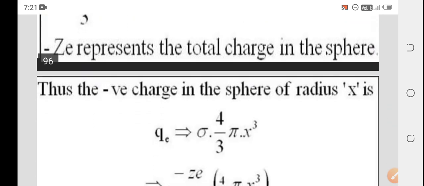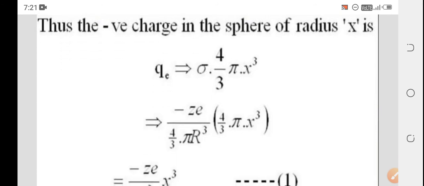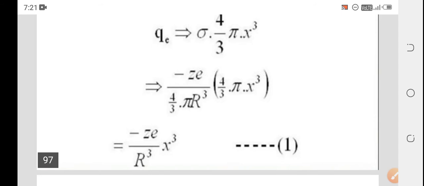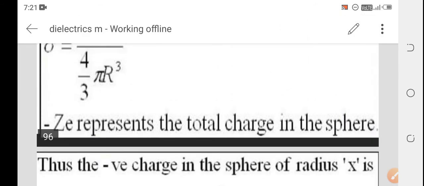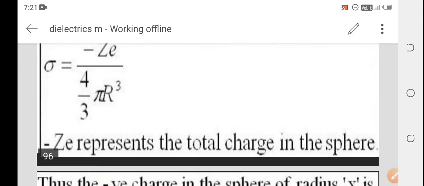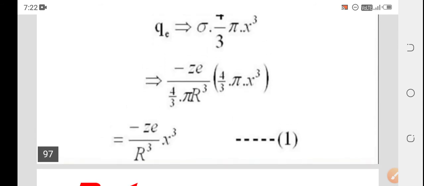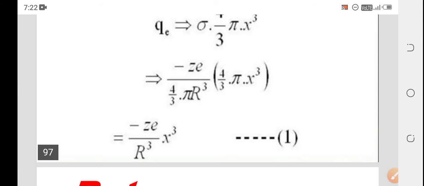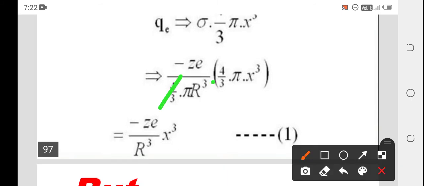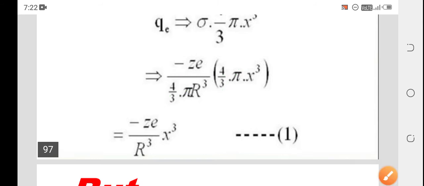The negative charge in a sphere of radius x is sigma times (4/3) pi x cubed. Replacing sigma and simplifying, the pi and the 4/3 factors cancel, and finally we get -Ze by r cubed times x cubed. This is equation 1.